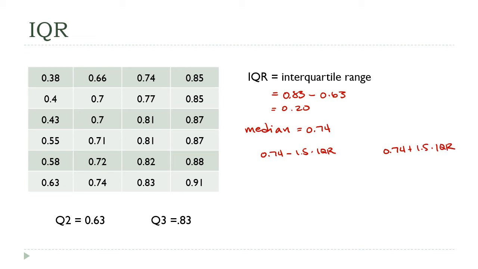And now it's to your calculator. Put 0.2 in there for IQR, and you get 1.05, and you get 0.45. And now we ask the same questions. Are there numbers above 1.05? Well, no, there aren't. So there are no upper outliers. Are there numbers below 0.45? Well, yeah, there are.